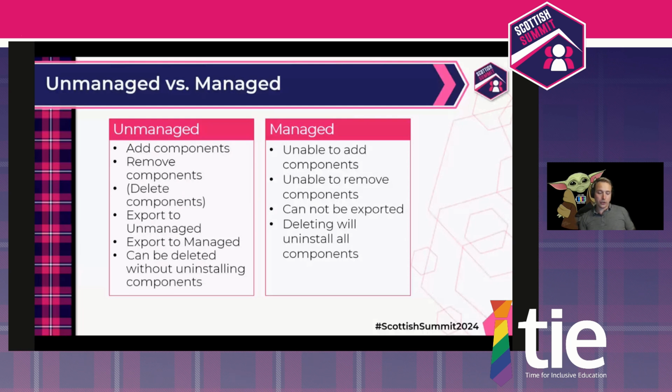So let's say, and that's a recommendation from Microsoft as well, the development environment is with an unmanaged solution because you have to add components and so on. And then test and production, or every other environment, should be managed. So if you then decide, we don't need this field any longer, or we don't need this flow any longer, you just delete it from your unmanaged solution in dev.